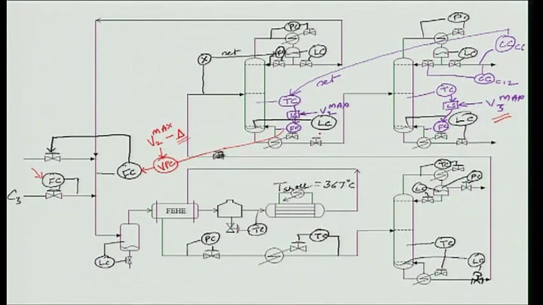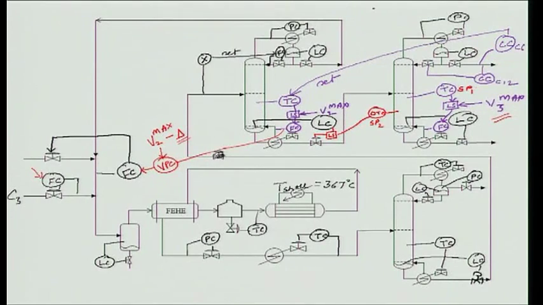So, there will be a low select here, there will be an override temperature controller, because I cannot afford to lose, and of course set point 2 and this is set point 1.